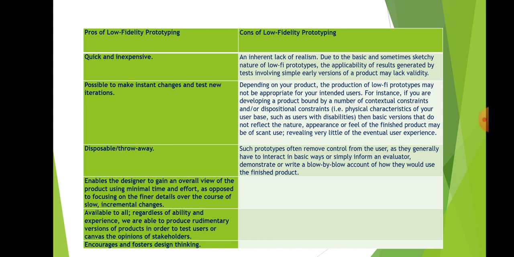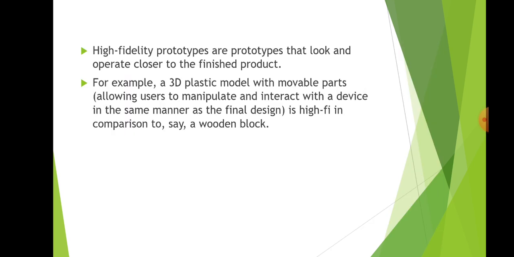And the next one is such prototypes often remove control from the user, as they generally have to interact in basic ways or simply inform an evaluator, demonstrate or write a blow-by-blow account of how they would use the finished product. The next type of prototyping is high fidelity prototypes.